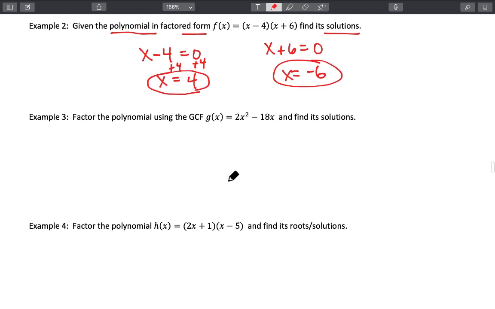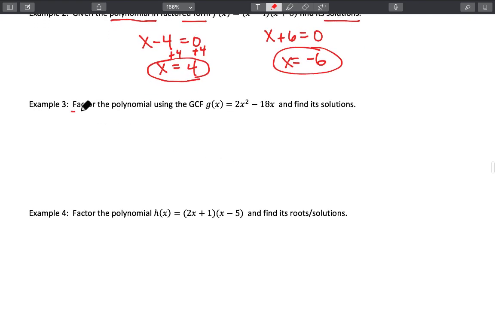All right, in example 3, I need to factor my polynomial first using the GCF and then find its solutions. So if I take a look at 2x squared minus 18x, I see that I can divide a 2x out of both of those terms, and I would be left with x minus 9. Remember, a good way to check this is to redistribute 2x back into the parentheses and see if you come up with your original polynomial.